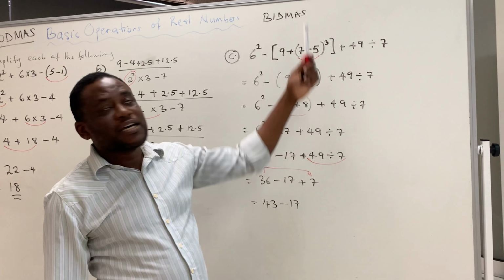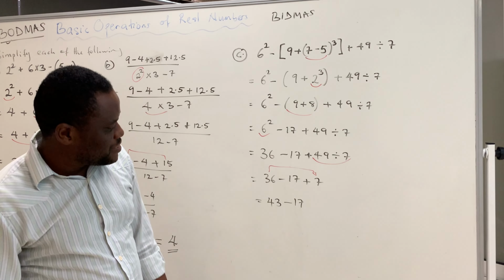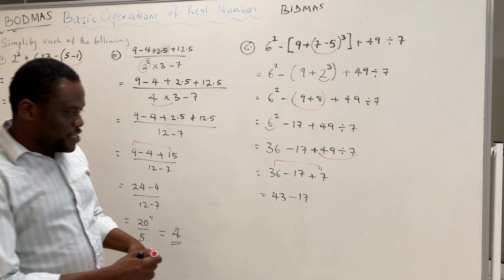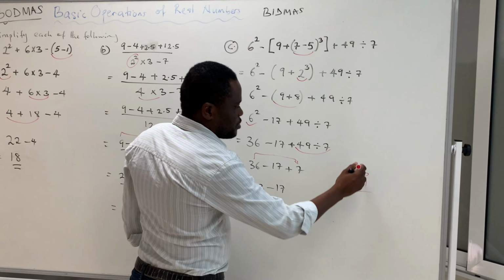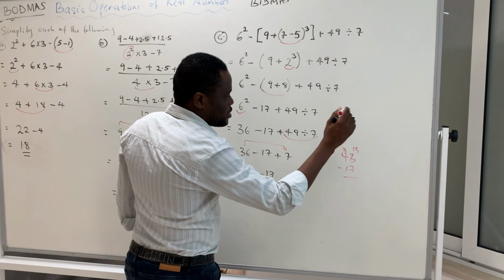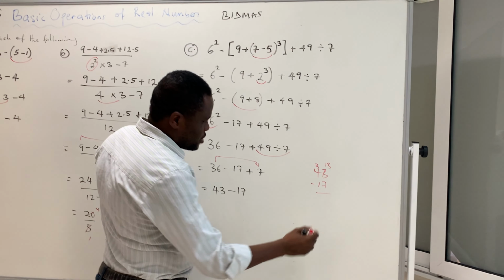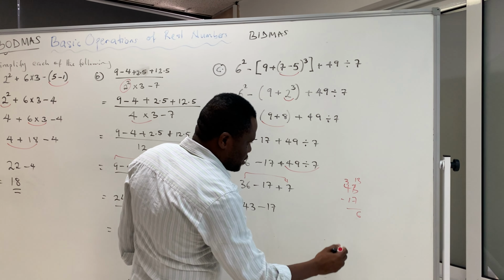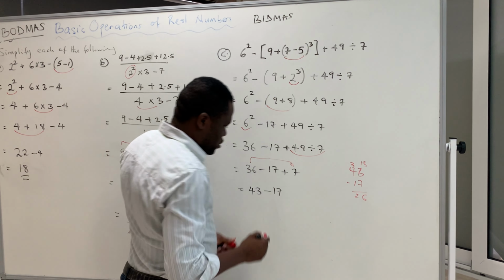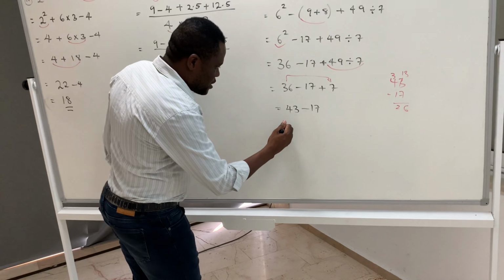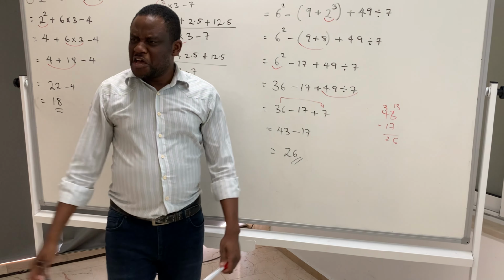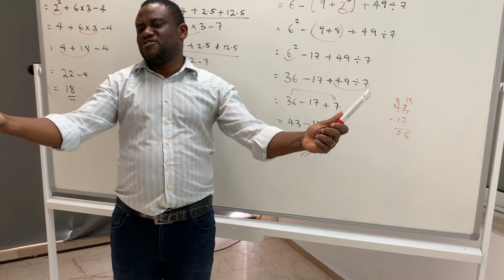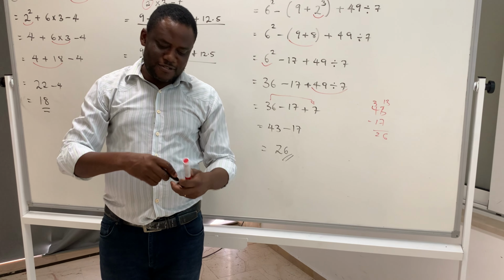Minus is the last, and then we subtract. So, 43 minus 17 is 26. So the final answer here is 26. And that's it.